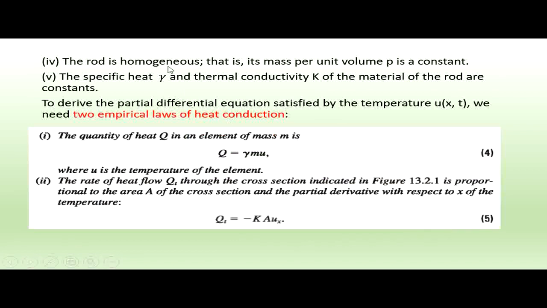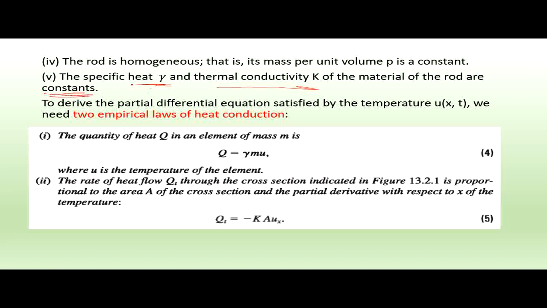And the rod is homogeneous, that is, its mass per unit volume rho is considered to be constant. Per unit volume, the mass is considered to be constant. The specific heat gamma, where gamma stands for specific heat, and thermal conductivity K of the material of the rod are constants depending on the material.